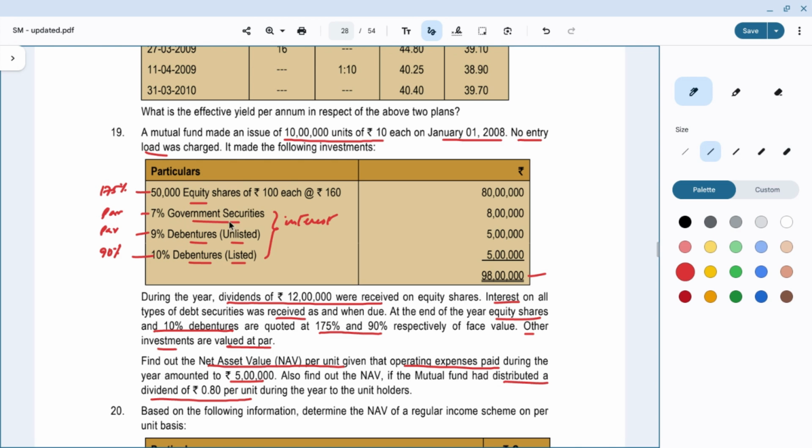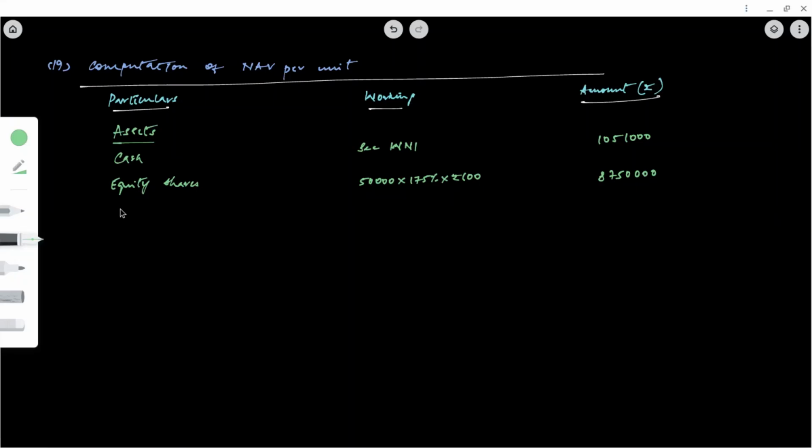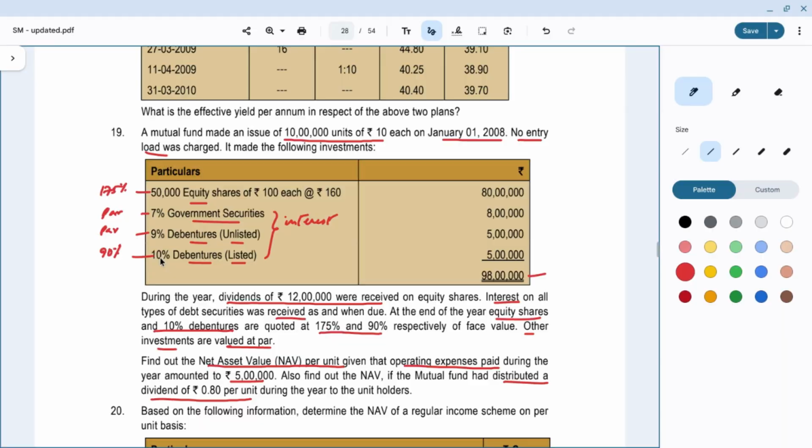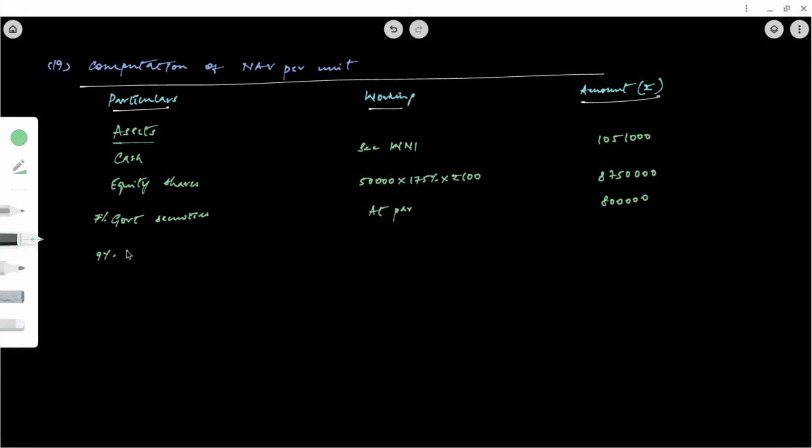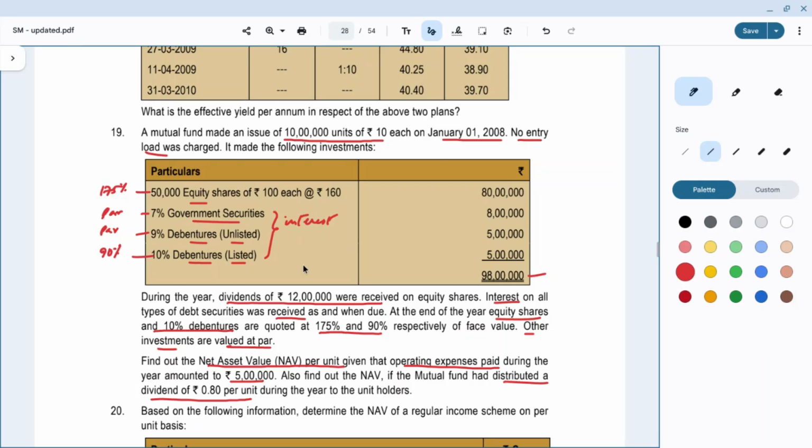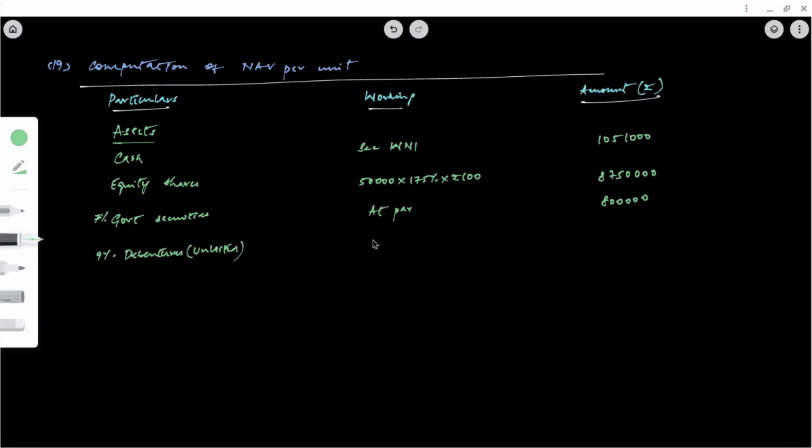Right? Next, 7% government securities. This is at par. So it is 8 lakh. Next, 9% debentures unlisted. This is also at par. It is 5 lakh.